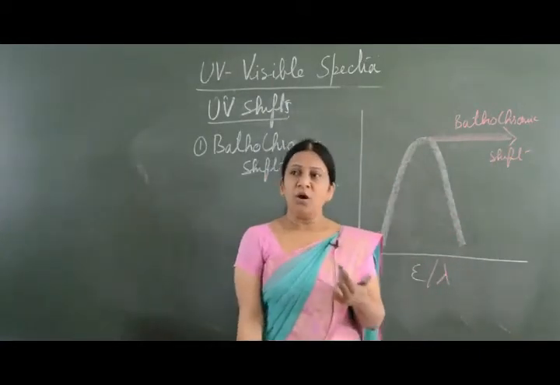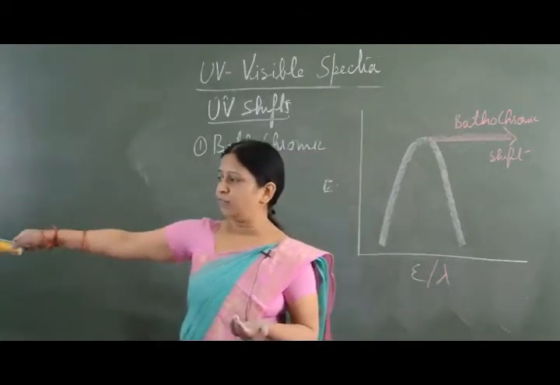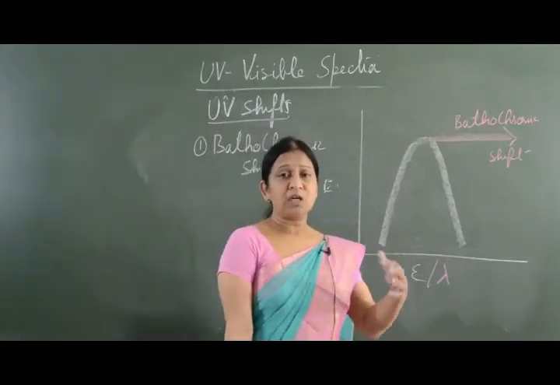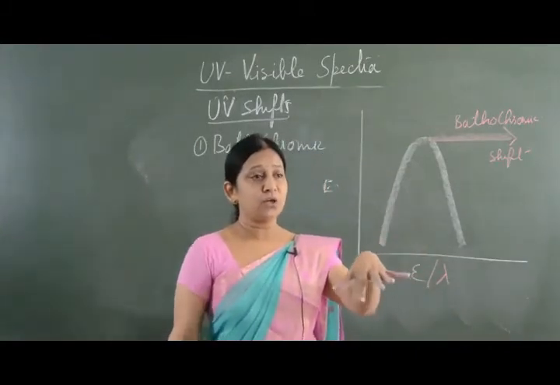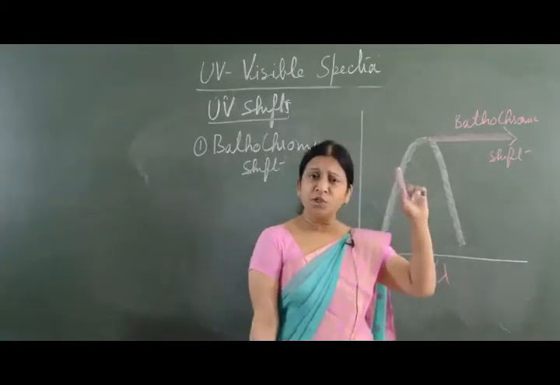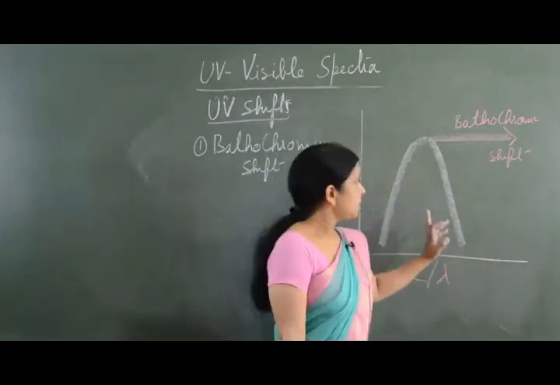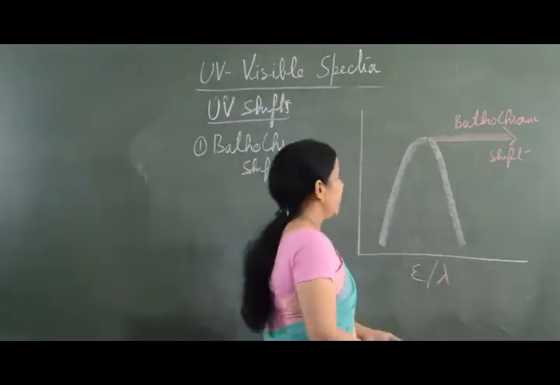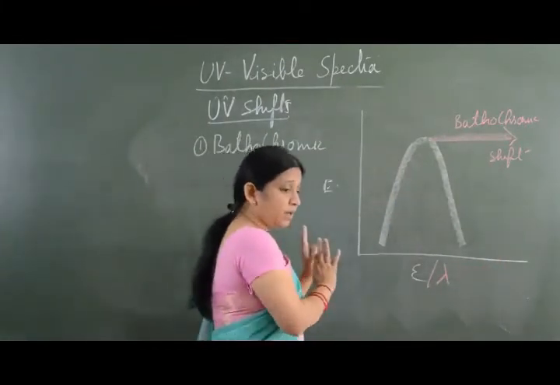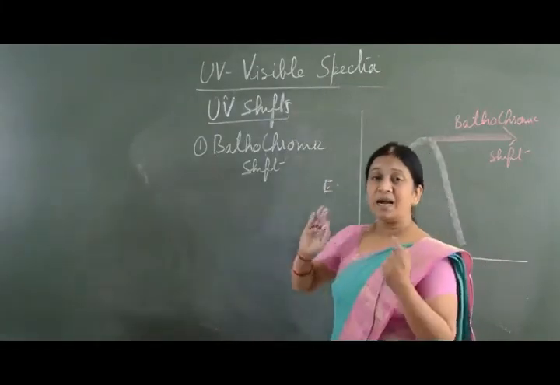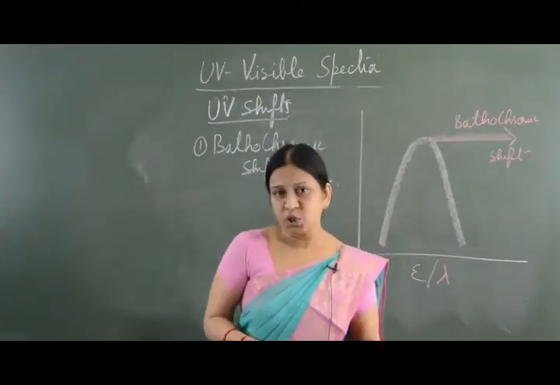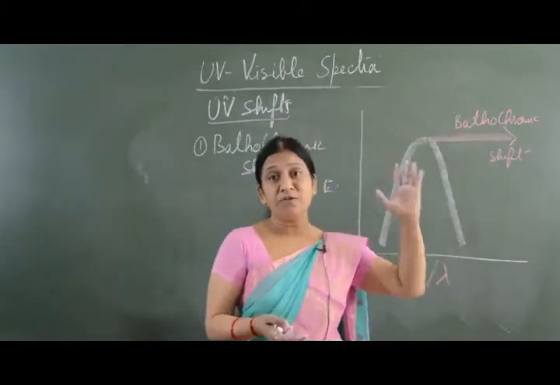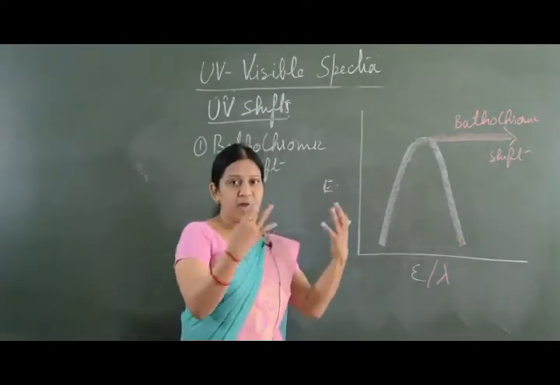Whenever an oxochrome is added to a chromophore and then that chromophore is added to the unsaturated compound, one possible shift is the bathochromic shift. That means the absorption maxima is shifted towards the higher wavelength. This is happening because the oxochrome which is added is increasing the conjugation, and because it is increasing the conjugation, the maxima is obtained at a higher wavelength.